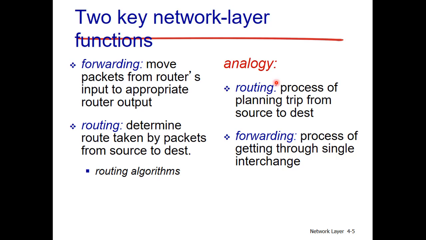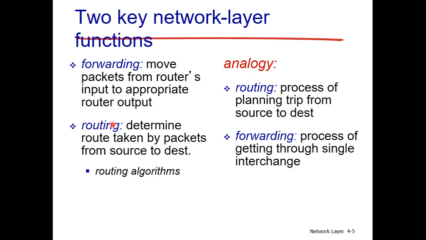If it finds that it needs to send the packet to port 3, it matches the header of the packet against the routing table, or forwarding table, and then passes the packet to the output port. This is what forwarding is.